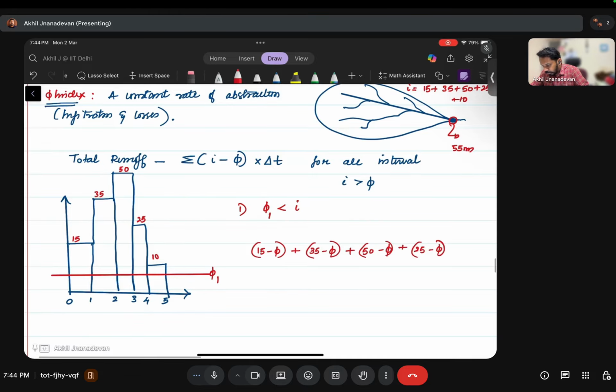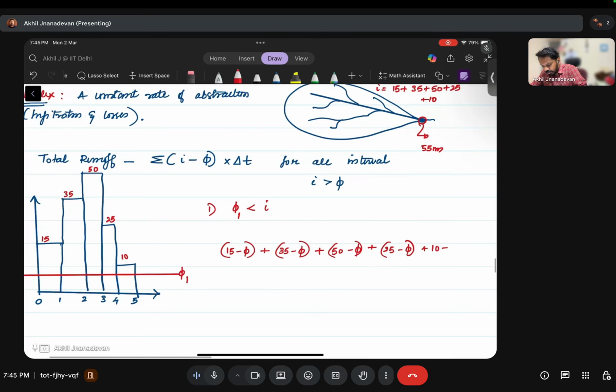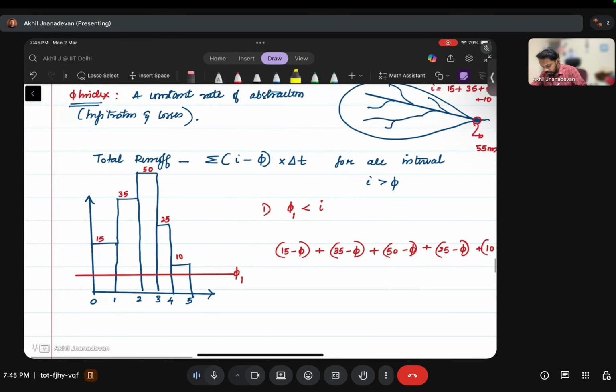So these differences, that is this particular shaded region, will be contributing to runoff, right? These are the abstractions on the below side. Then these will be contributing to the runoff, right?